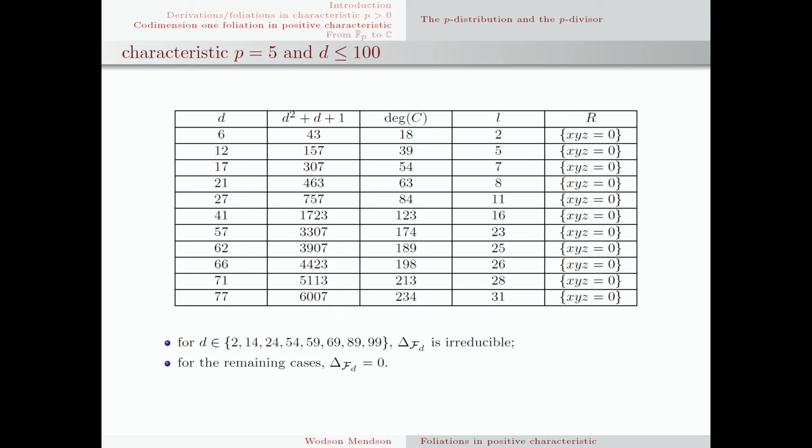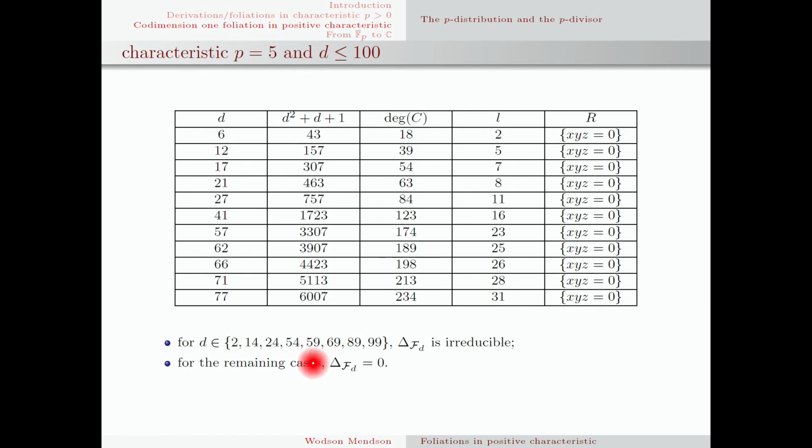So the table is for p equal to 5. p is fixed at 5, d is bounded by 100, and R is always the product of three lines. But I don't understand why we have this behavior here. And for this case here, the divisor is irreducible.